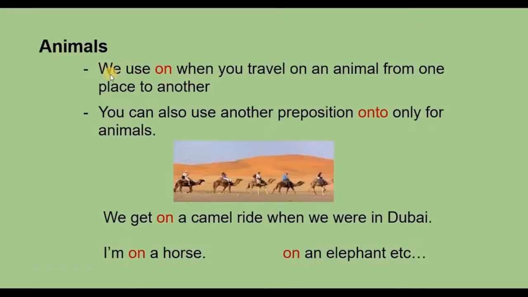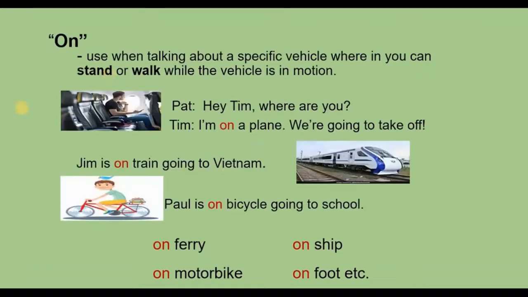Next. So, again guys, another example: on a train going to Bangkok, on a bicycle. When you are riding a bicycle, you are on the bicycle. So, for a bicycle, you have to use on. You are sitting on a bicycle, but you can also stand while riding it.